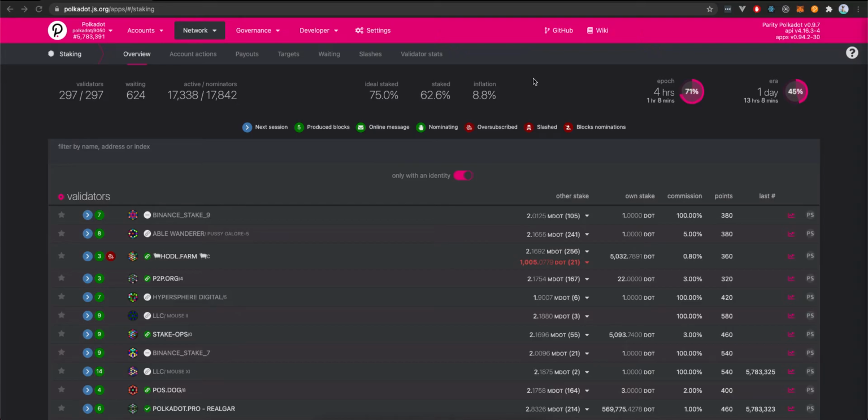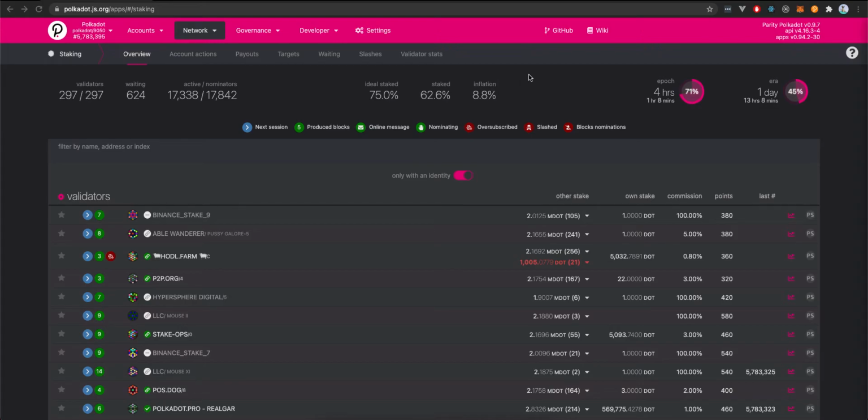If these validators do a good job, producing blocks and not tampering with anything, everyone who invested their DOT into them gets rewards. If they do something bad, the people who invested in these validators get slashed, which means that some or even most of the DOT can disappear.